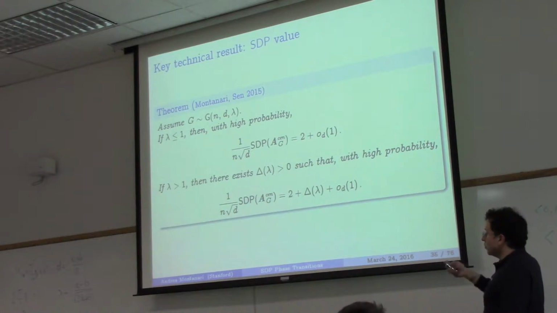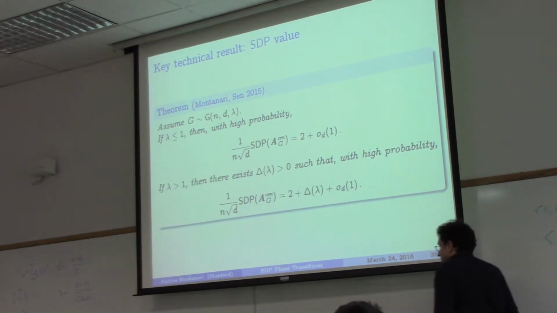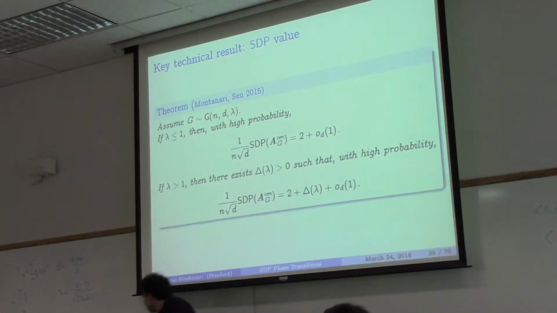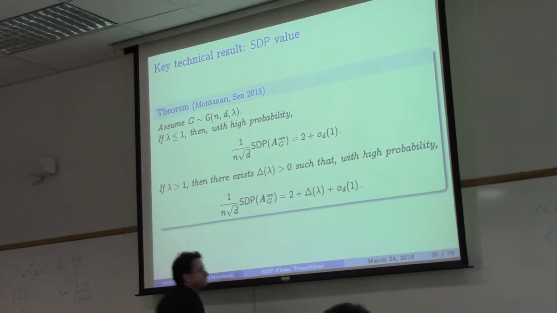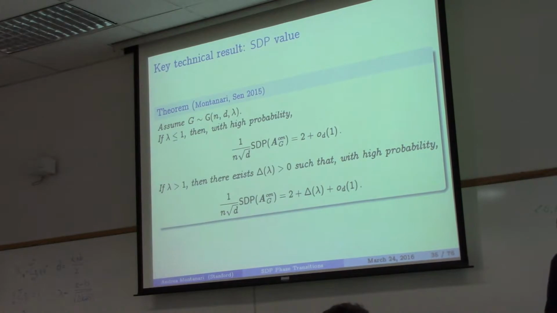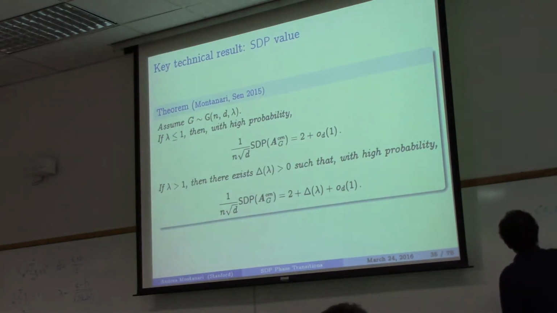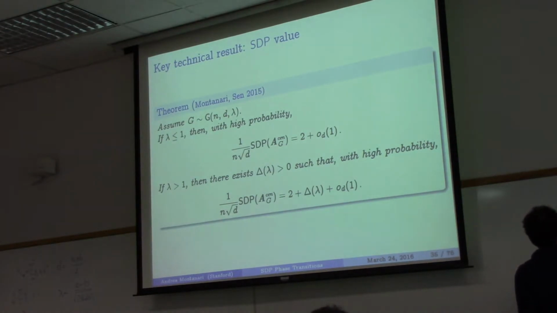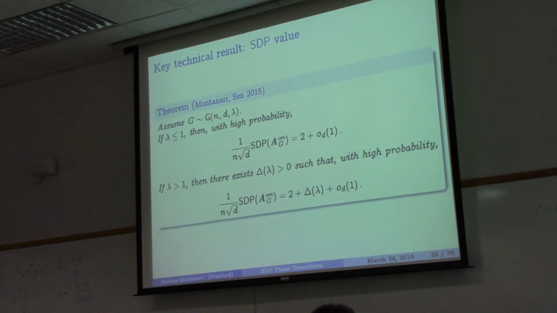All right? By comparison, you can look at the largest eigenvalue of this matrix A. We said before that 1 over n SDP of A is less than or equal to the principal eigenvalue of A, the centered matrix.